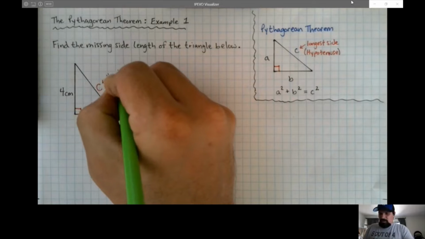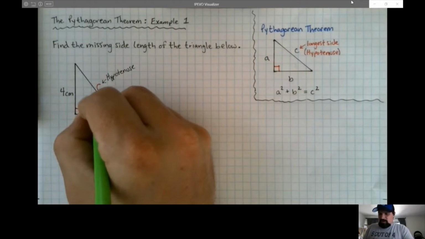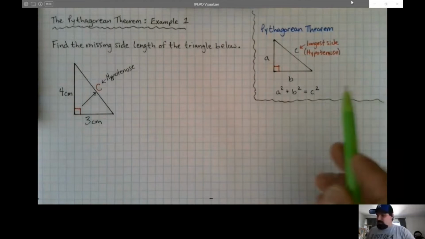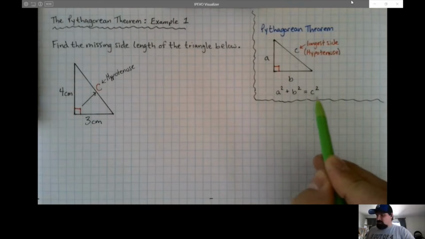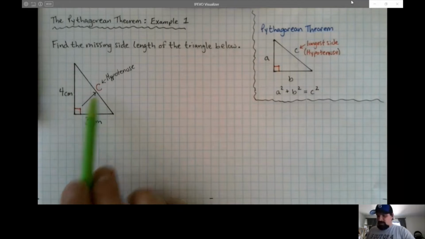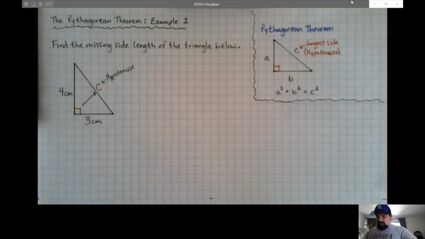This will always be located across from the right angle. That will always be side C, and it will always be this part of our Pythagorean theorem equation.